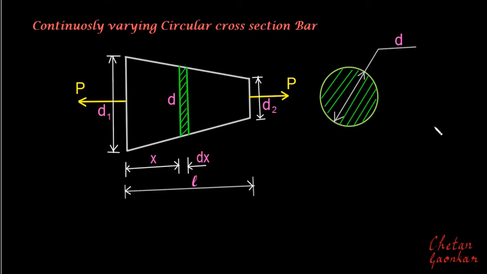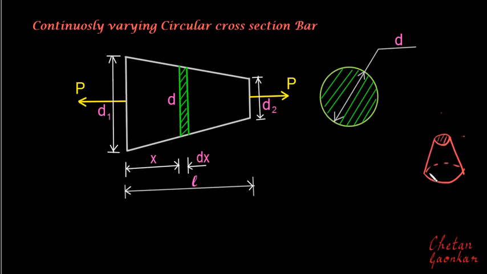Basically how we can obtain this kind of bar: suppose we have a cone, and then if I cut the top part of it, I can call this a frustrum. So this is an example of a continuously varying circular cross sectional bar.